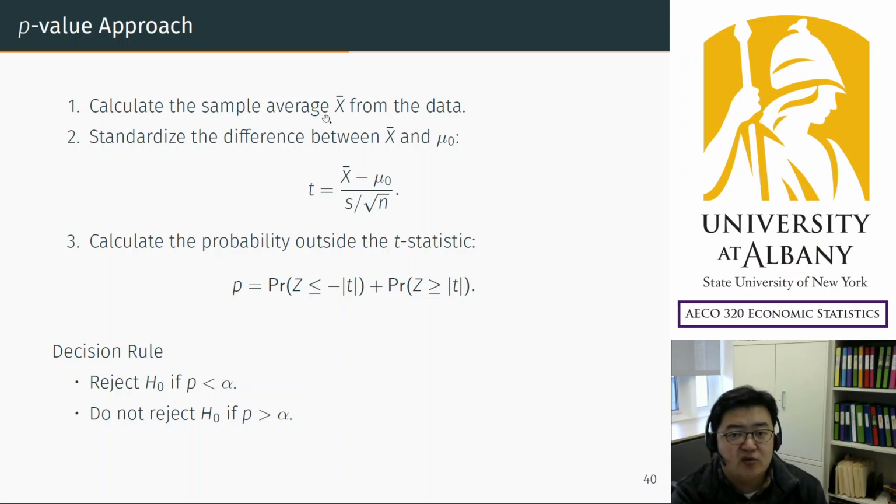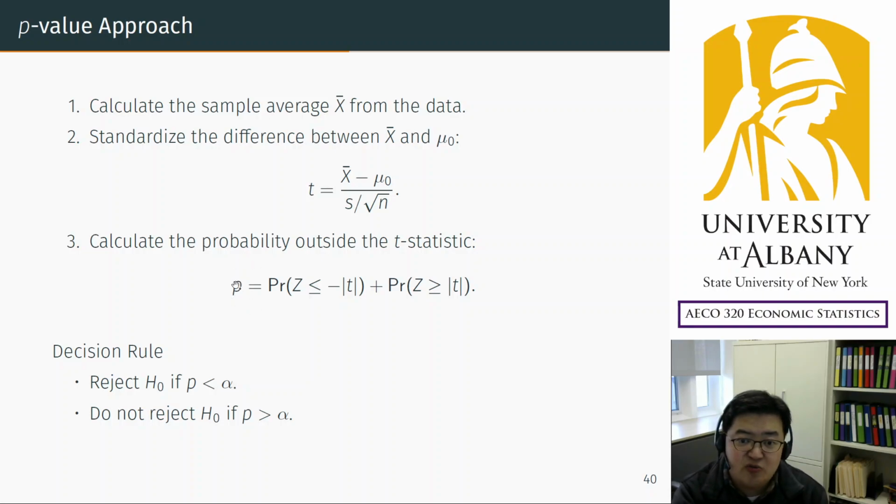I first calculate the sample average, and then I standardize the difference between the observed sample average and your belief. Then use the standardized t-statistic to calculate the p-value from the standard normal distribution. Finally, the p-value is reported.